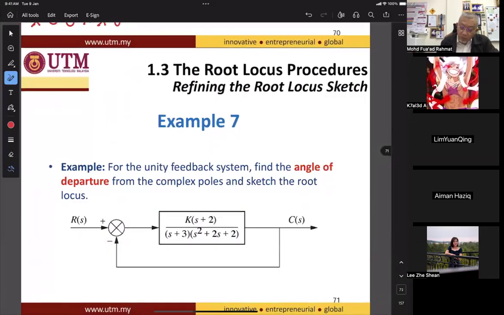So we use this example to realize how the angle of departure is applied in the problem shown here.